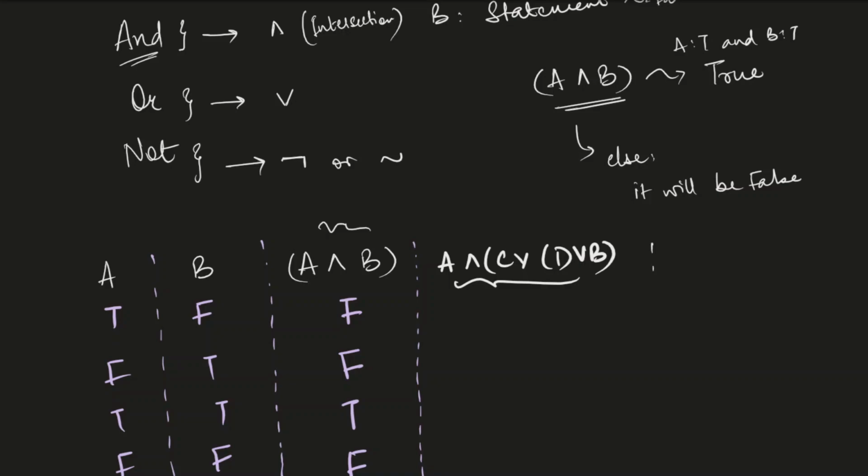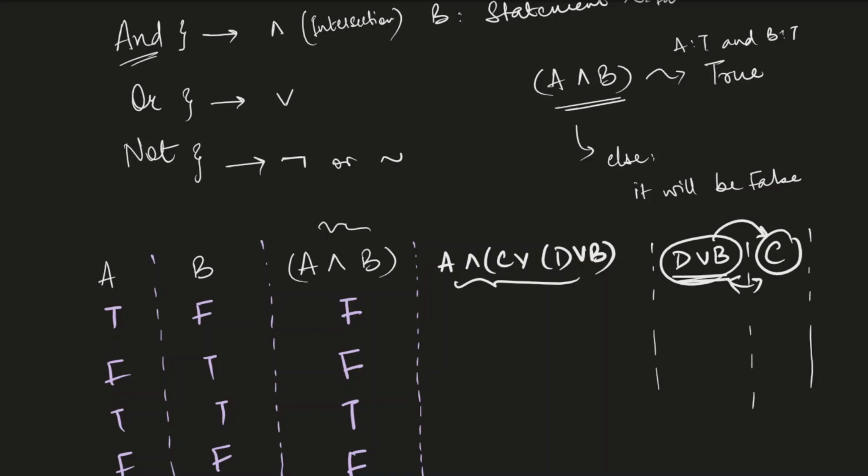You will find D or B, combine this with C, take an OR between these two, and then whatever you get finally you will have to combine with A. That's how, stepwise, you will be able to work with these multiple compositions of various kinds of statements.